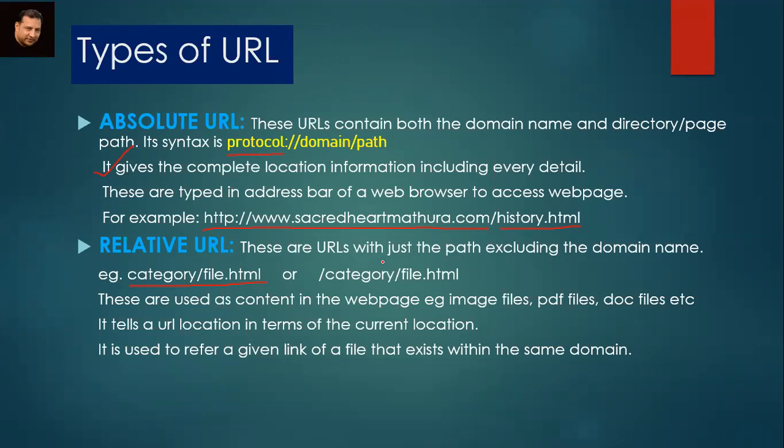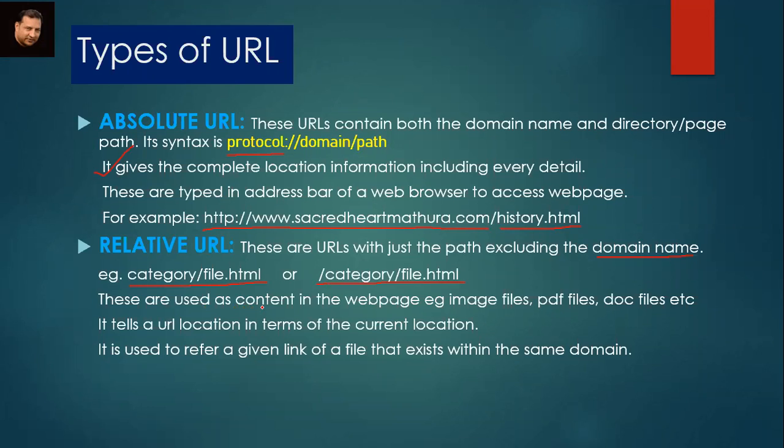These are URLs with just the path excluding the domain name. Domain name की जरूरत नहीं होती इसमें। I will give you one example also. This category/file.html can also be written like this: slash then category/file.html.